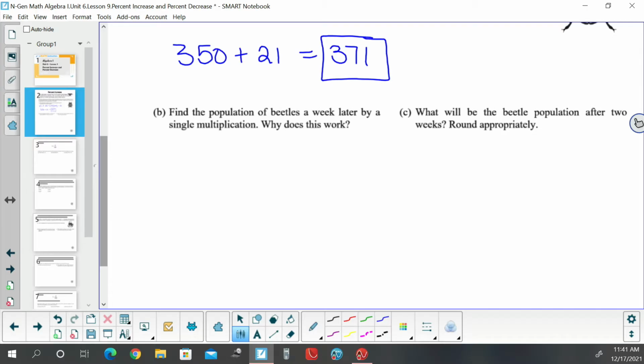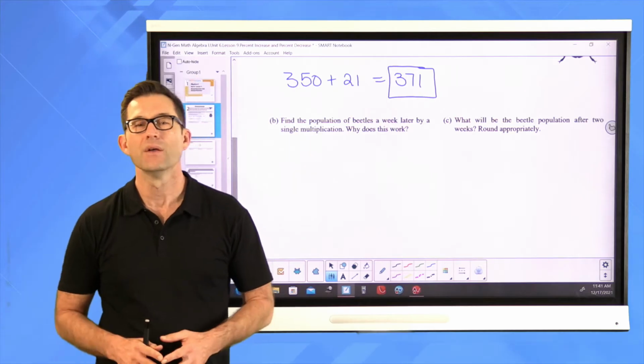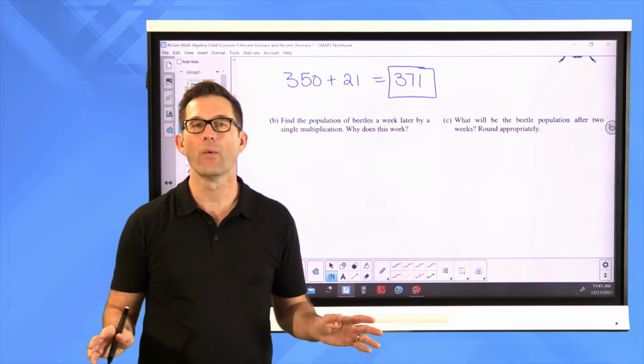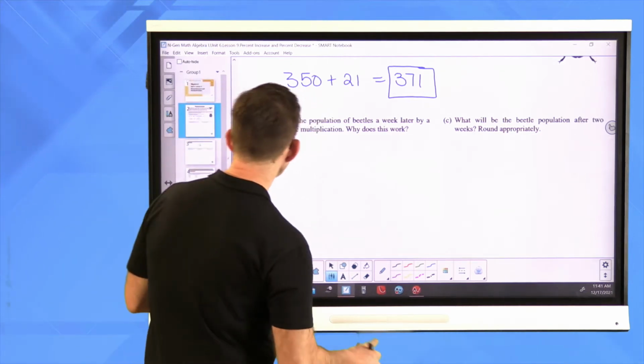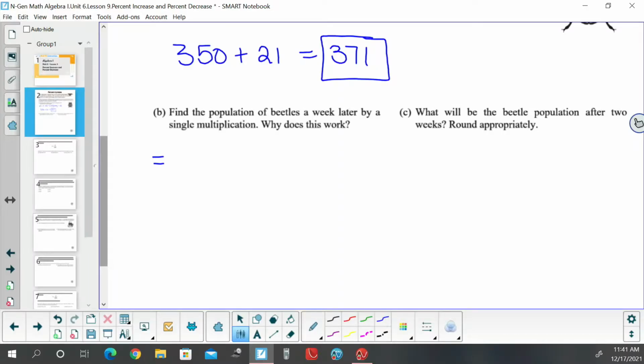Why does this work? Let's take a look at what's really going on to figure out what that single product will be. What we really did to find our population in the second week is we took our 350 and added to it 0.06 times 350.